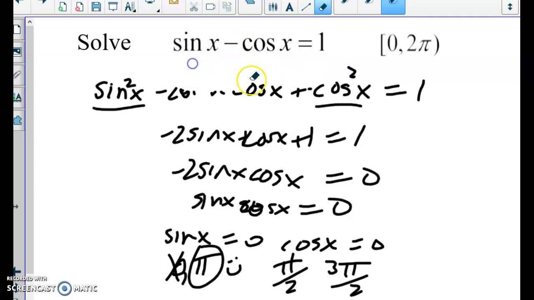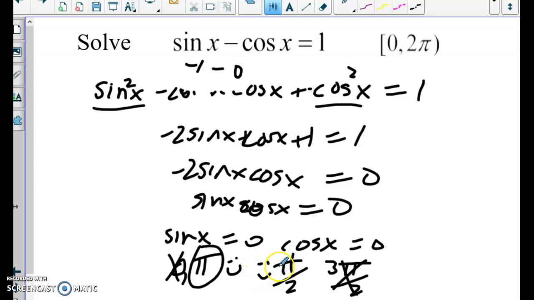And let's try it again at pi over 2. At pi over 2, the sine is 1 minus 0. That seems like that's a happy place. And let's try it at 3 pi over 2. The sine at 3 pi over 2 is negative 1 minus 0, and that one does not work. So I'm going to cross that one out.